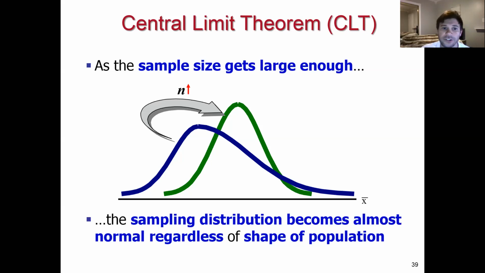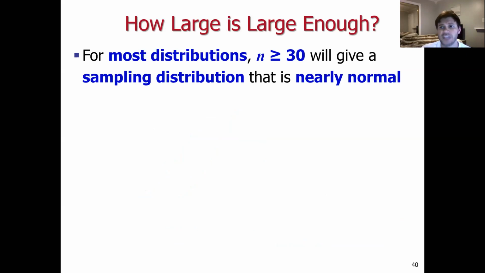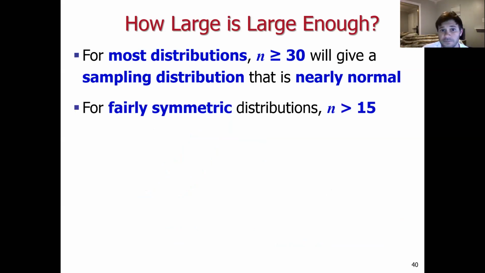Now, how large is large enough? What is that threshold? It turns out for most population distributions, as long as you're sampling about 30 observations or more, the sampling distribution will be nearly normal. If the population distribution is symmetric already, and maybe not normal, like a uniform, a flat distribution, or a triangular distribution that's perfectly symmetric, then you need a lot fewer observations, about half as many, at least 15, for the assumption of normality in the sampling distribution to be reasonable.